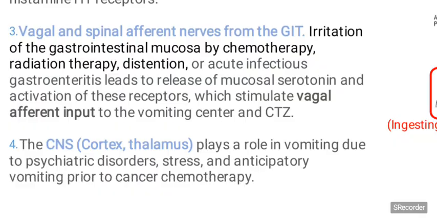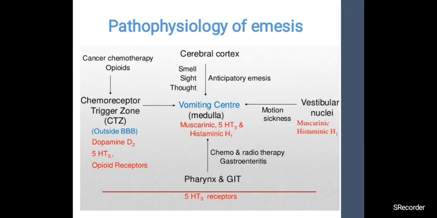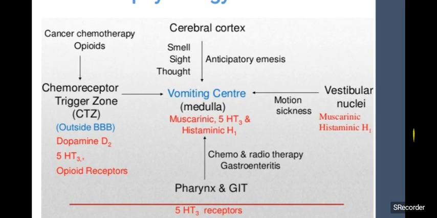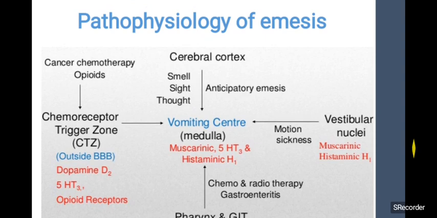This slide is trying to summarize what we have seen, that there are mainly four sources of input to the vomiting center. It can be from the cerebral cortex, where we have the anticipatory emesis; seeing, smelling, and thought of it can lead to vomiting.